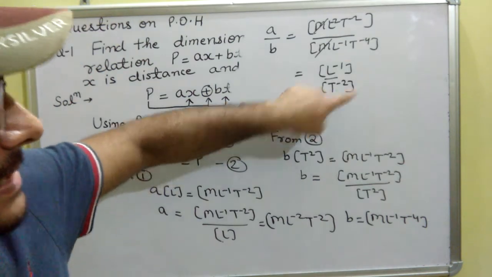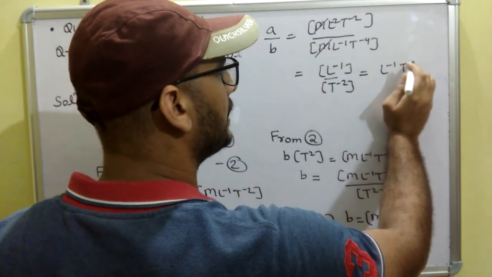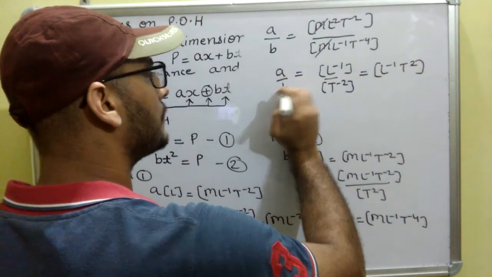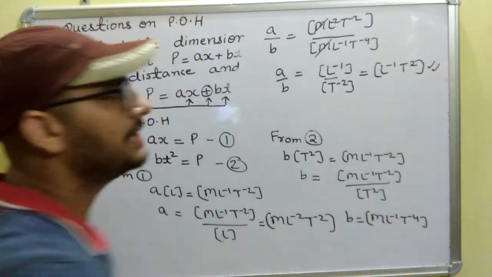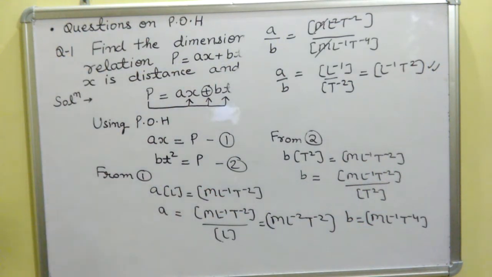Now we take this in the numerator and we get L^-1 T^2. So this will be our answer for A divided by B: L^-1 T^2.